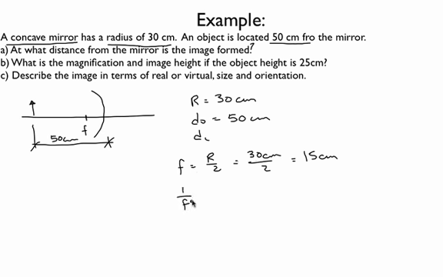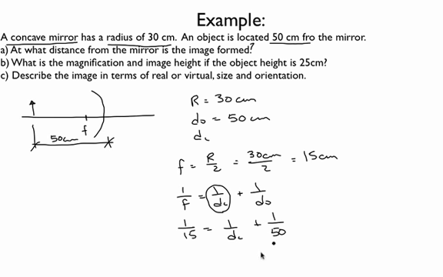Using the equation that 1 over f is equal to 1 over the image distance plus 1 over the object distance, we can rearrange and solve for DI. So 1 over 15, and the focal length is positive because it's a concave mirror, is equal to 1 over DI plus 1 over the object distance, and the object distance is always positive.